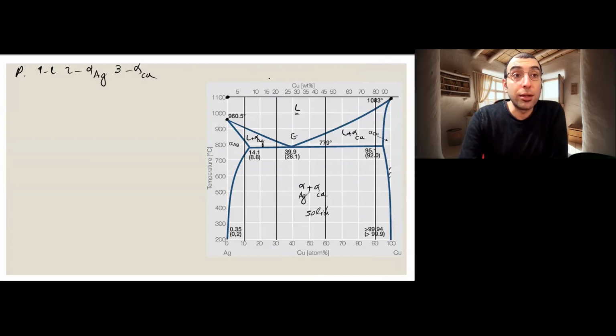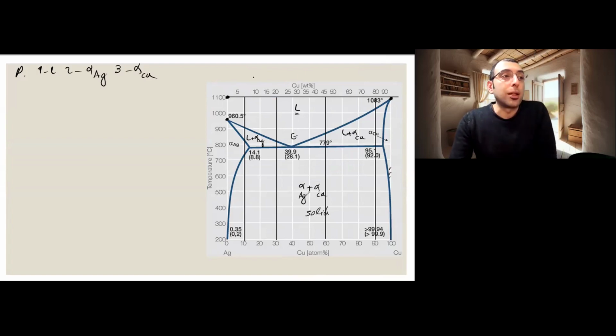So at 1100 Celsius, for an alloy that has 10% copper, we are at this point. For an alloy that has 30% copper at 1100 degrees, we are here. For 60% copper, we are here. And for 90% copper, we are here.